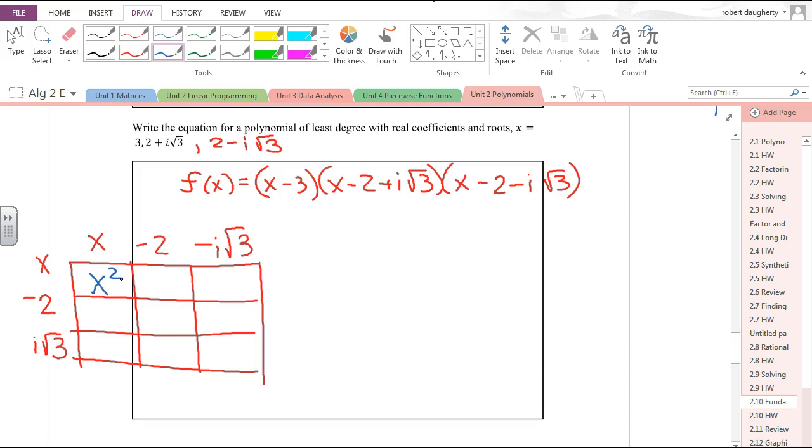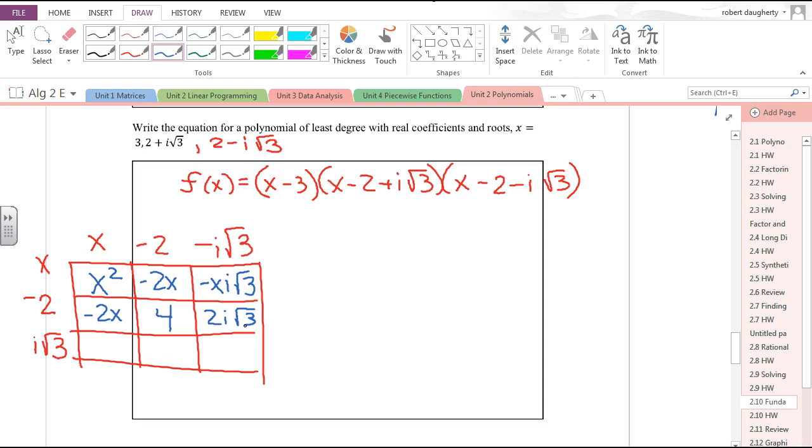And x times negative 2, negative 2x. X times negative i root 3, that's just negative x i root 3. Copy all that stuff down. Negative 2 times x, negative 2x. Negative 2 times negative 2, that is 4. Negative 2 times negative i root 3, that's 2i root 3.